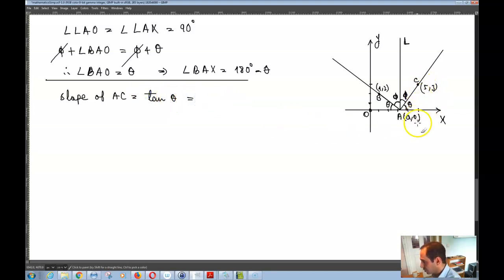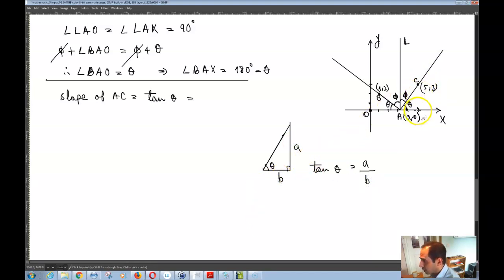Now tan of theta over here, you can imagine that you have this triangle, and theta is this angle. If this is A and this is B, then tan of theta is going to be A divided by B, opposite by adjacent.